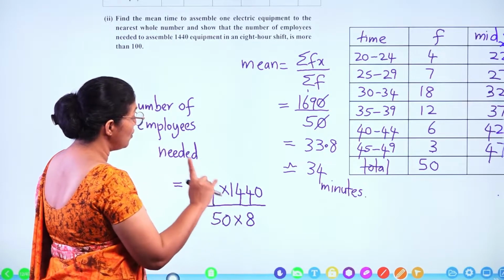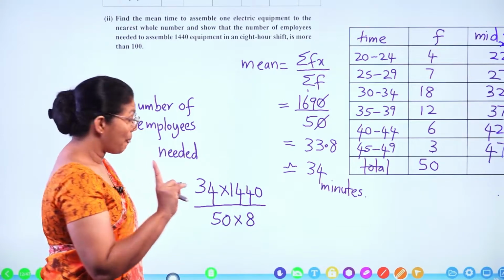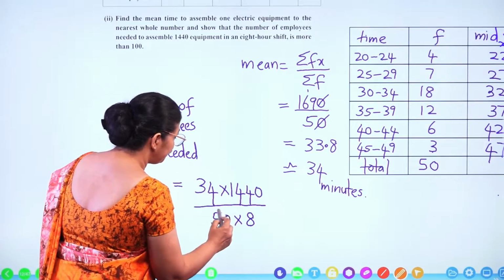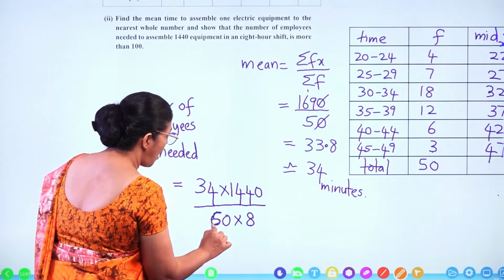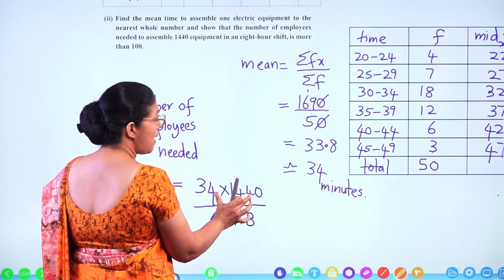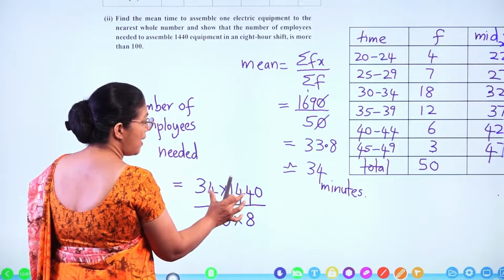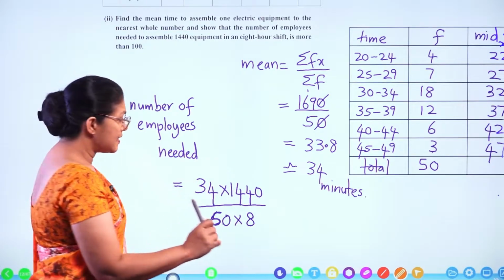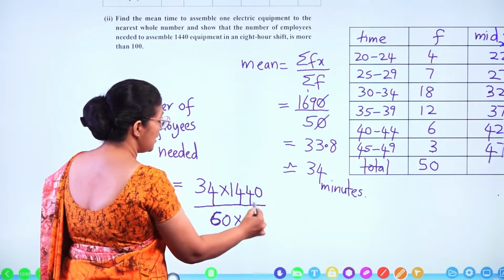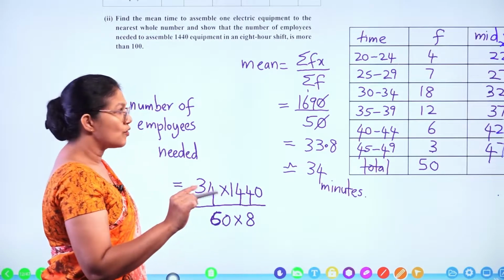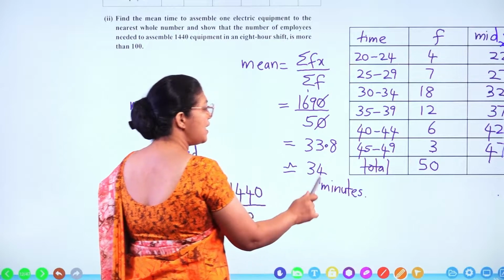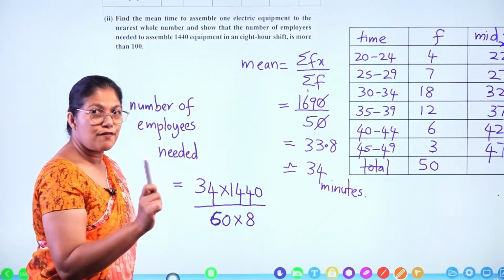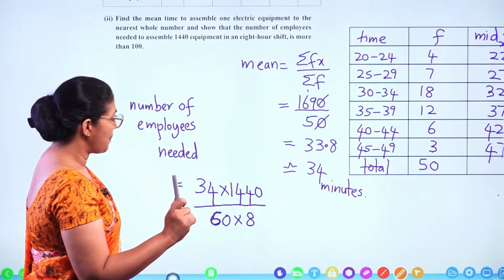So you have to divide by 60, not 50 here, because you have to convert to hours, because this is man minutes. Man hours you have to divide by 60, and if it's an 8-hour shift, you have to divide by 8. So you don't have to think about 50 because we found the mean number of minutes needed for one equipment.